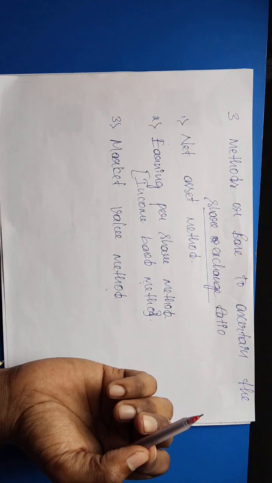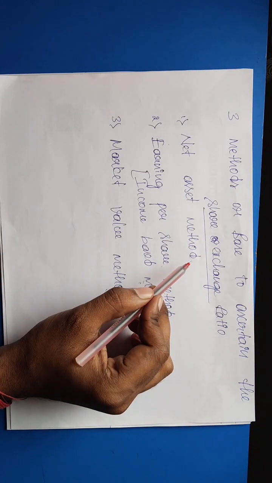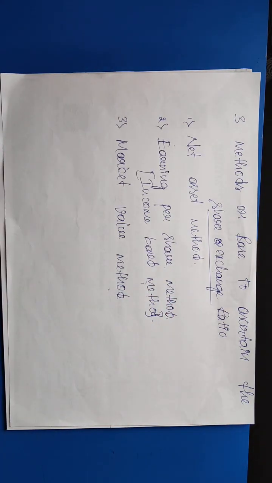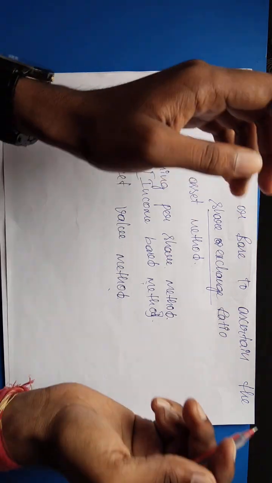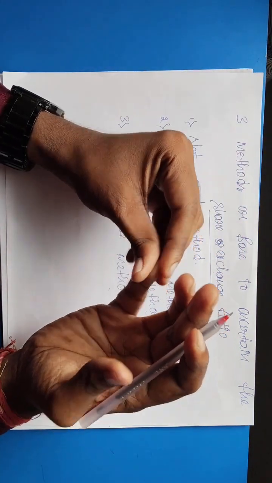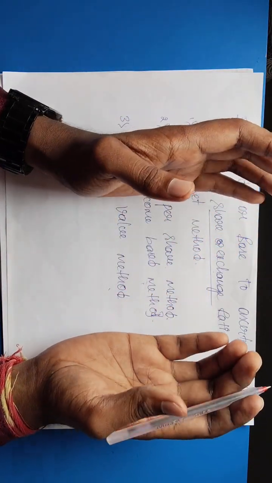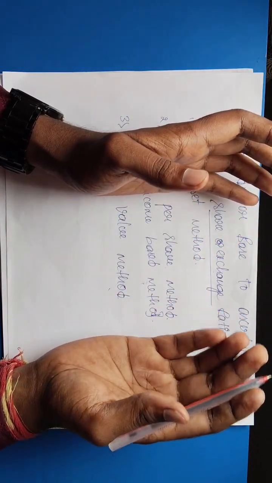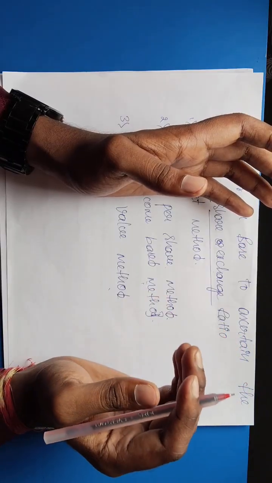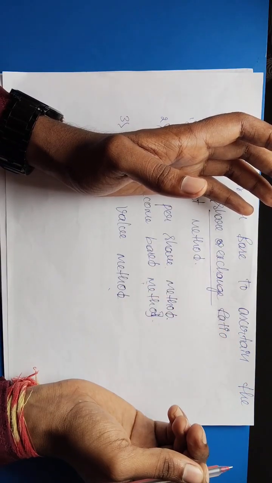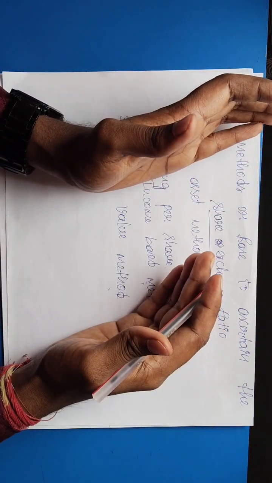So with these keywords, first try to understand what each one is. Net asset method: here we calculate how much book value the acquiring company and the acquired company have. Through these two items, we are going to ascertain the swap ratio. First of all, what is the meaning of book value? Book value is basically assets minus liabilities. When they deduct all the liabilities from their assets, the rest of the amount is called the book value.